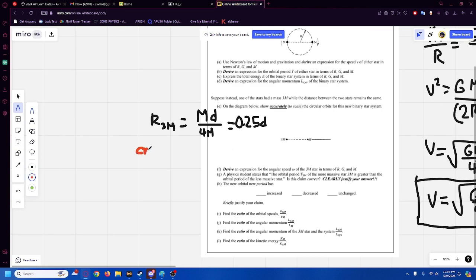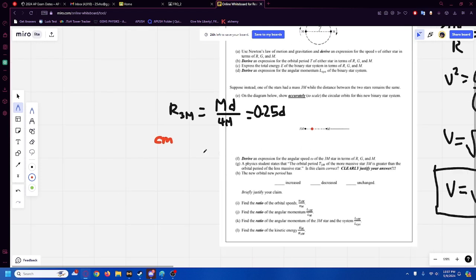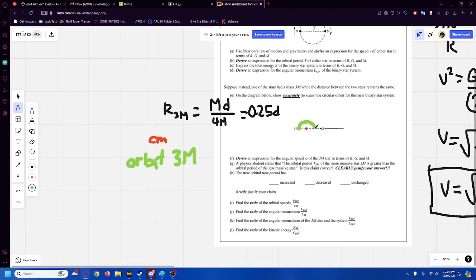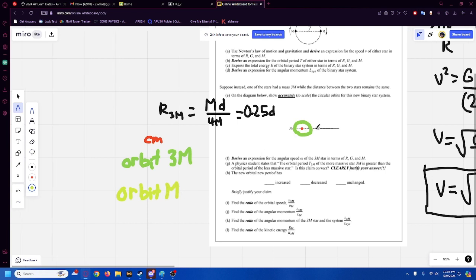So the center of mass would be 0.25 d from 3m, so it'll be around here. This is going to be the orbit of 3m, and it will be about here. And then this is going to be the orbit of m, and the orbit of m will be about here, something like around here.